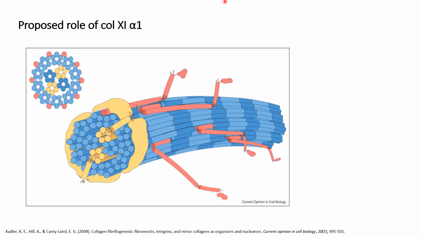This slide shows a schematic of 10 plus 4 microfibril structure of a thin cartilage collagen fibril, a pair of collagen type 11 molecules.